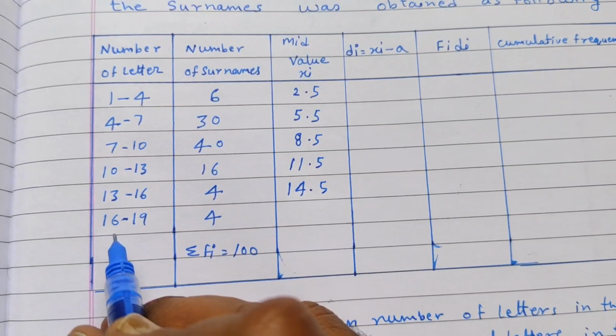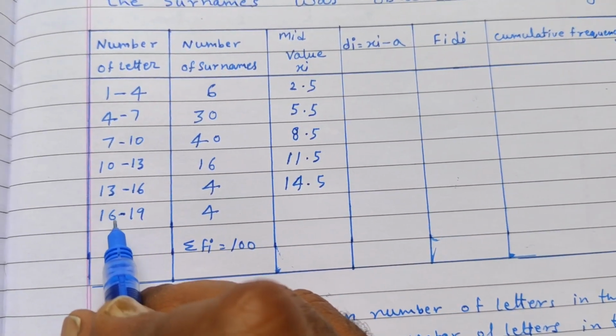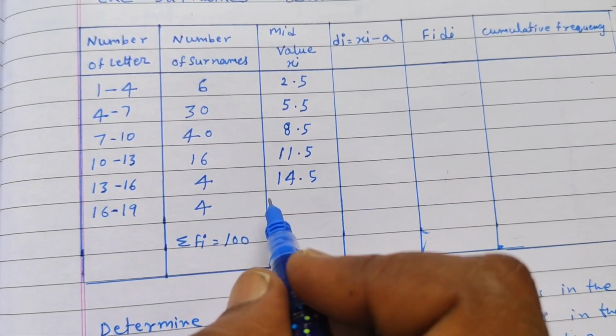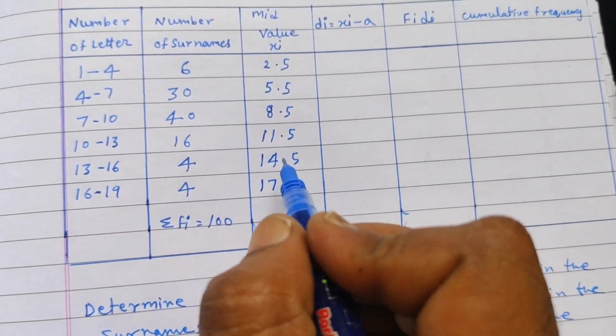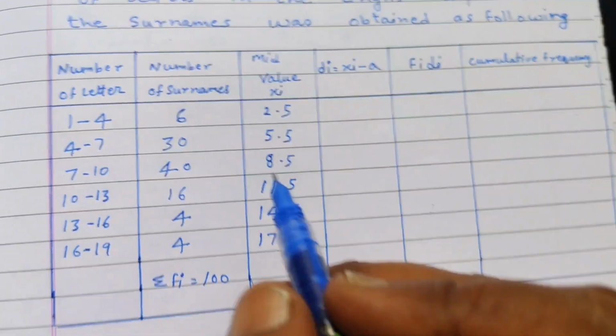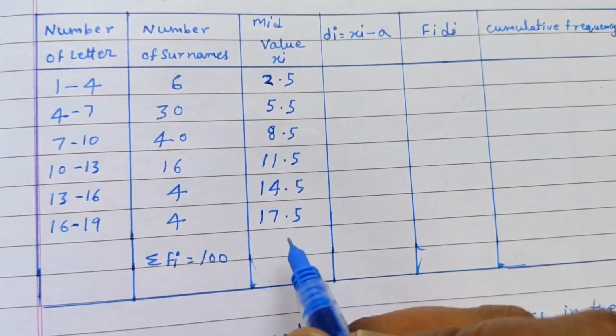And 19 and 16 is 35, half is 17.5. These are the mid values.